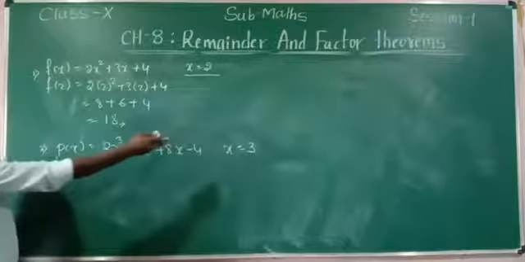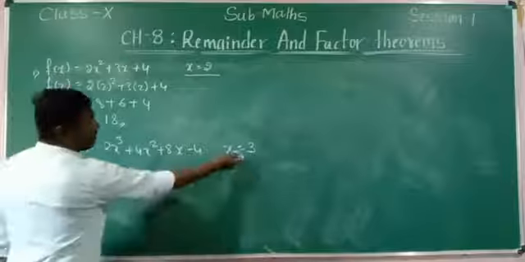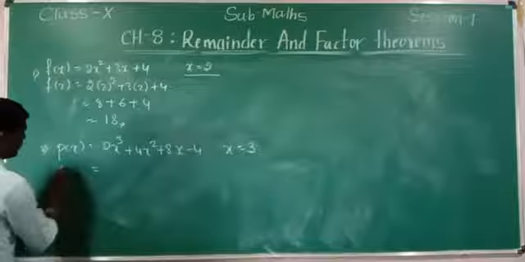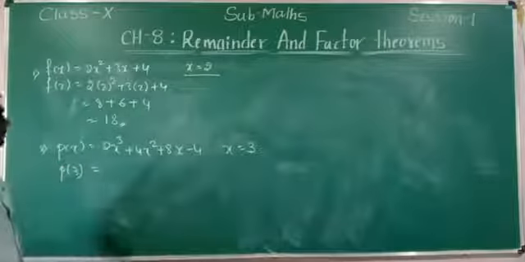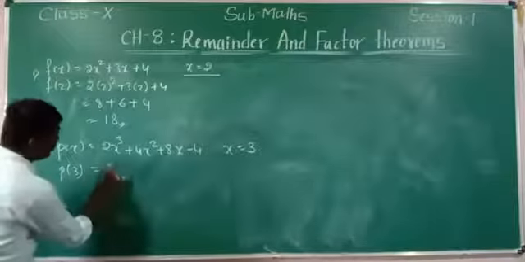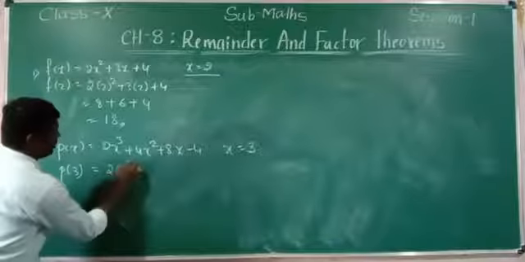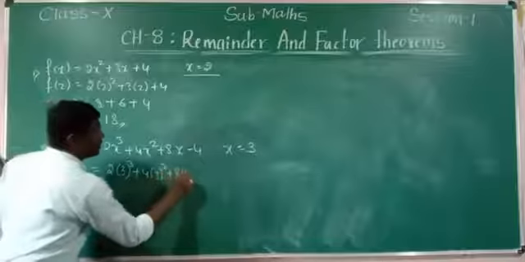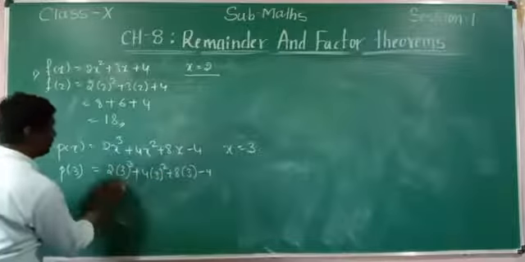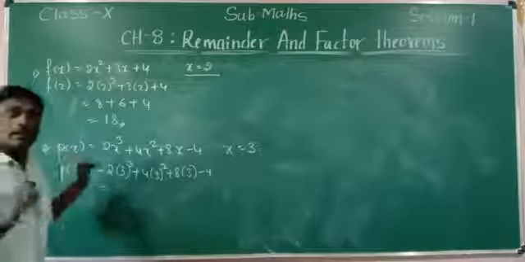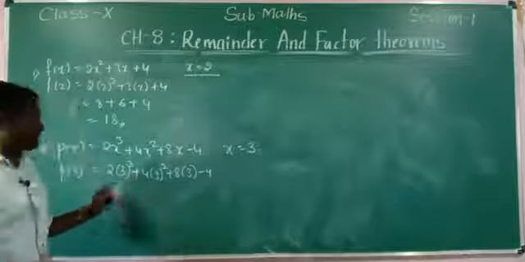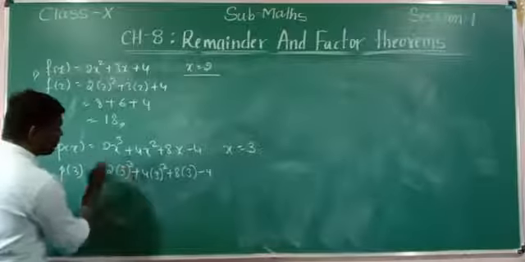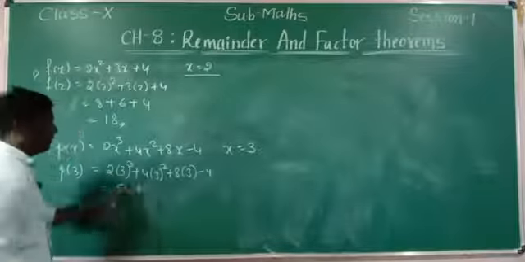Next, the expression is already given and the x value is also given. The variable value is 3. So p of 3 is equal to 2 into 3 cube plus 4 into 3 square plus 8 into 3 minus 4. 3 cube is multiplying 3 three times: 3 3s are 9, 9 3s are 27, and 27 into 2 is 54.